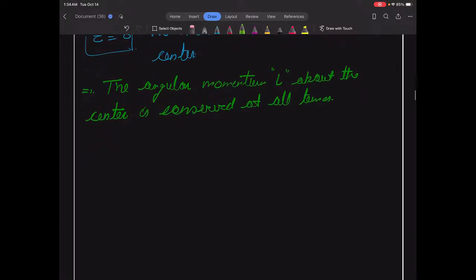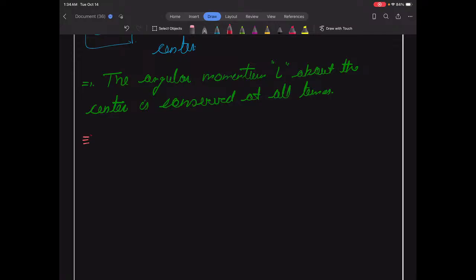And we can also write that this angular momentum L will be equal to mass times, let us call this radial distance rho, because R is our initial distance, at any radial distance rho, times V perpendicular.